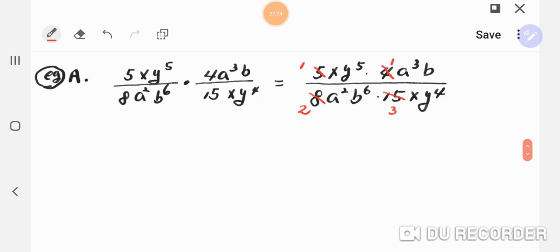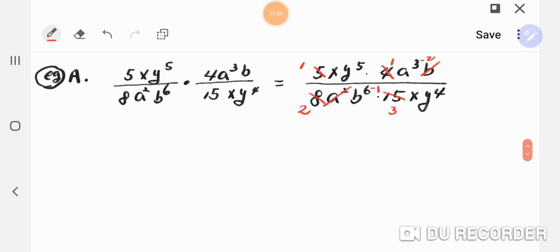How about a? There are 2 a's in the denominator, 3 a's in the numerator, so you can get rid of 2 a's from the denominator. Then the numerator will be 3 minus 2, so 1 a left. How about b? We have 1 b in the numerator, so get rid of 1 b and subtract 1 b from the denominator.